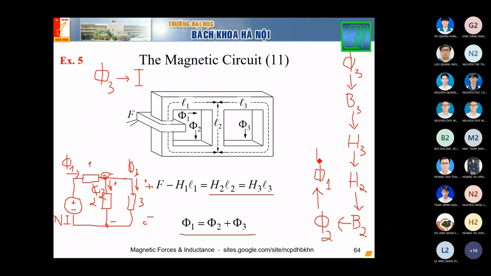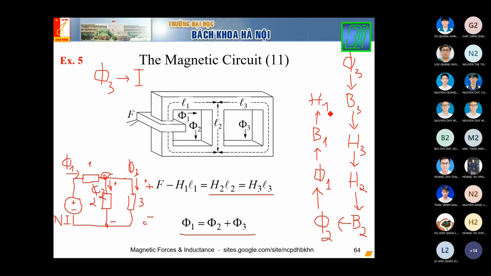And then what now? From here, we can find B1. B1 will be phi 1 over S1. Can you help me to fill in here? What now? H1. That's right. We can find H1.